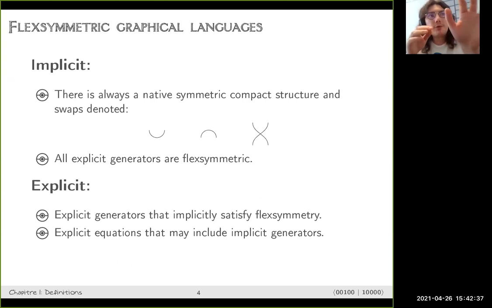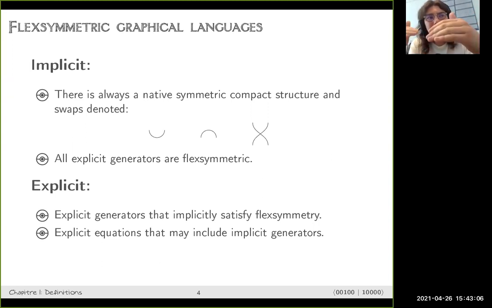And those generators will always implicitly satisfy all the equations we expect. So we have a compact structure, it is symmetric. The swap is an involution, and you also have the naturality of the swap. You can always make your diagrams go through the wires. And you also have implicit equations stating that all explicit generators are flexsymmetric. So I hope it's clear.